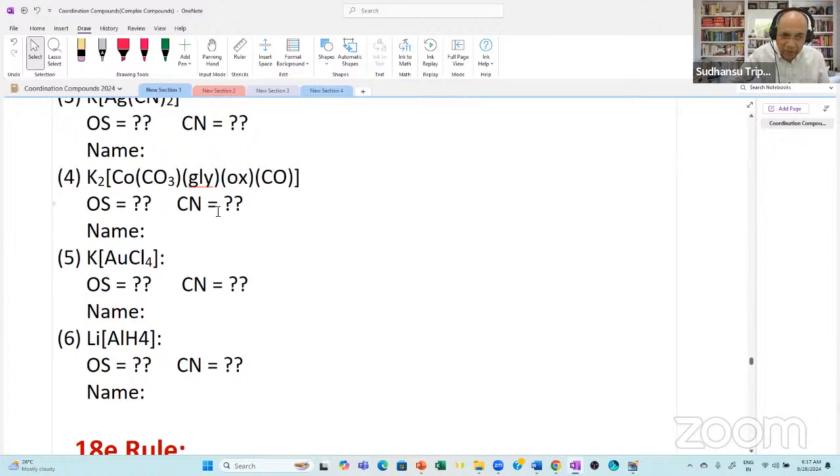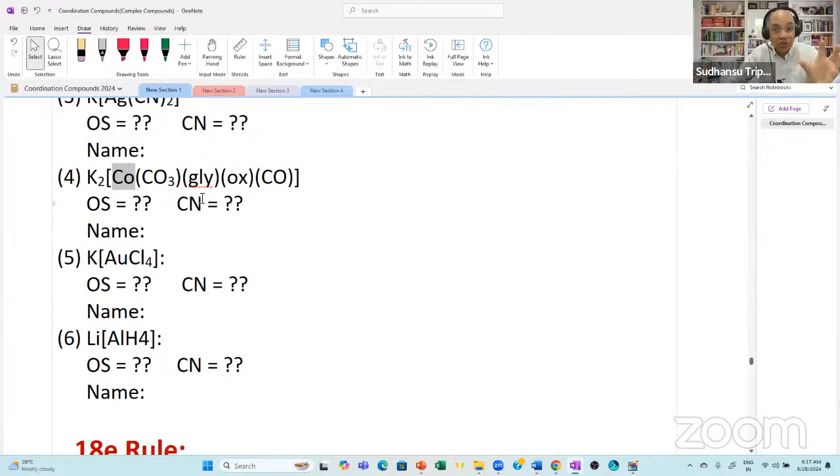So when I have asked you coordination number, whether you take carbonato as a real two-toothed or one-toothed, you have to find. Oxalato is always bidentate, and glycinato is always bidentate. Although glycinato is -1, oxalato is -2, but bidentate. 2 plus 2, 4 plus 1, 5. So carbonato must be using one tooth. Although the charge is -2, for calculating the oxidation state of cobalt, you have to take the 2 minus charge. But coordination number rarely goes up, so it's still 6.